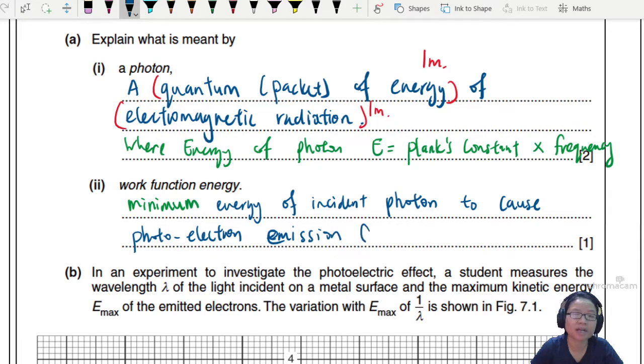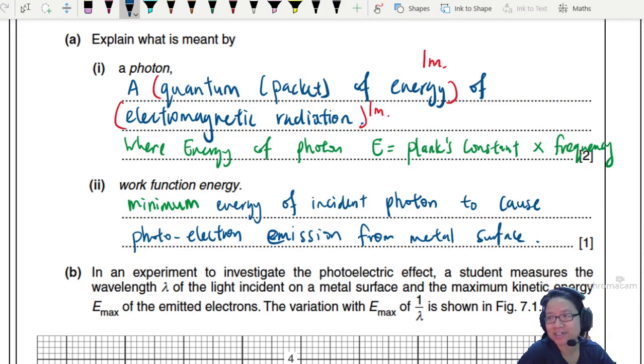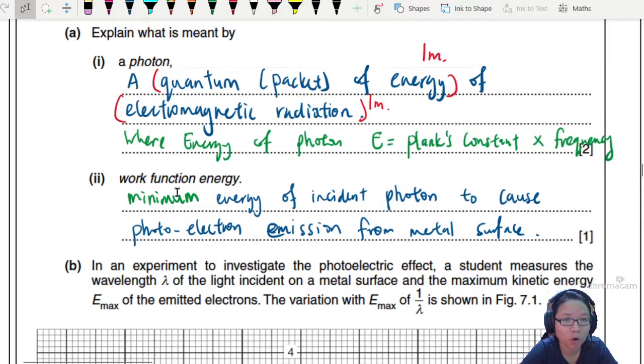This is good enough, but I just want to complete it: from a metal surface. You should know by now different metals will have different work function energy. Certain metals are more electropositive, so they are more reactive, and they will release the electrons more.